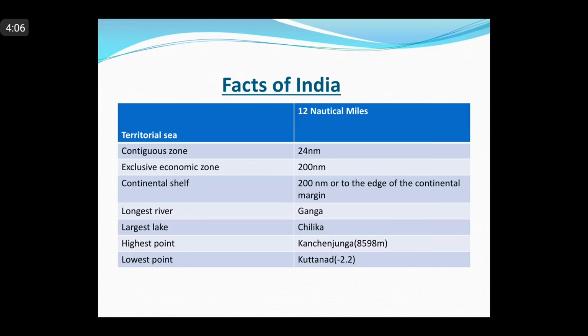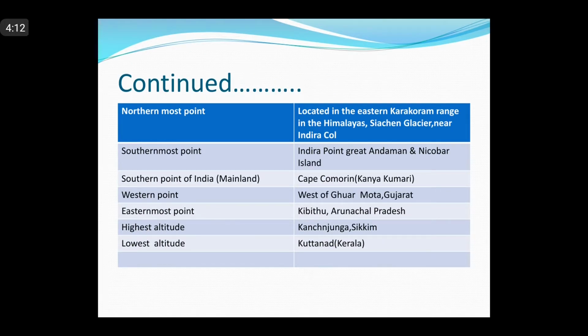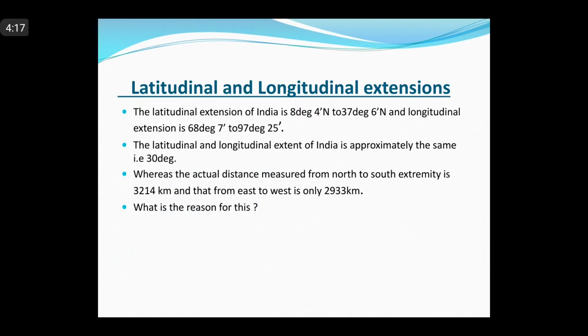Now let me tell you something about the central meridian. The meridian of 82.5 degree east has been selected as the central or standard meridian, which gives us the Indian Standard Time.